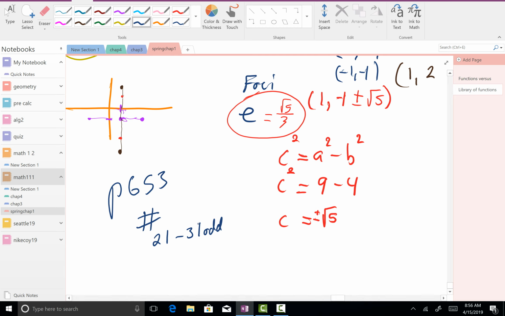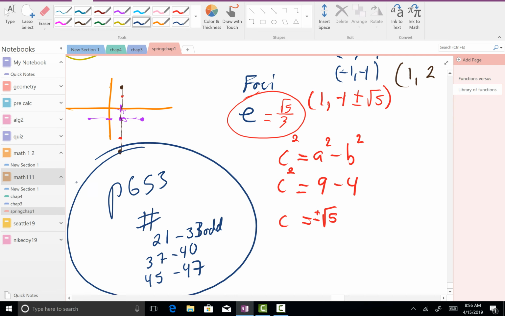Let's make this a 33. That'd be better. All right, and then 37 through 40. Then here comes the fun ones. 45 through 47. Done. Add that to all the rest of them.